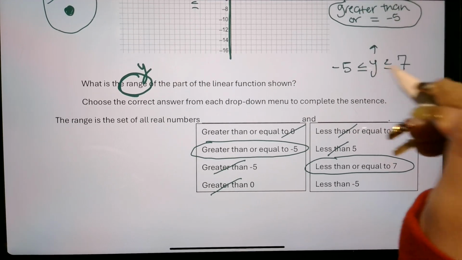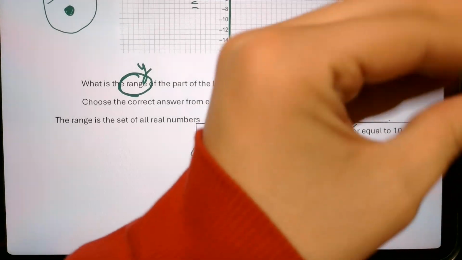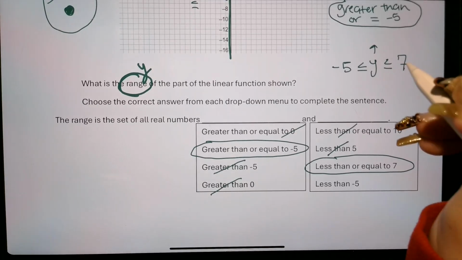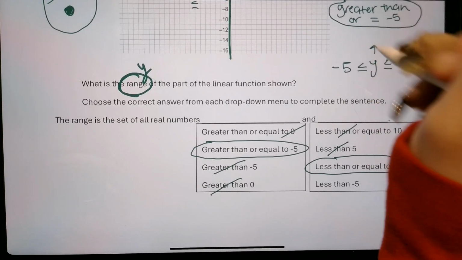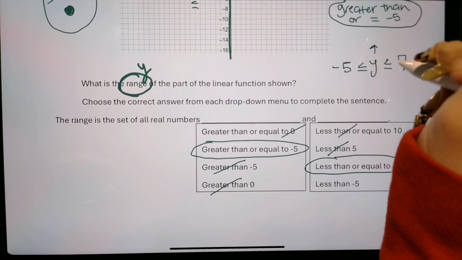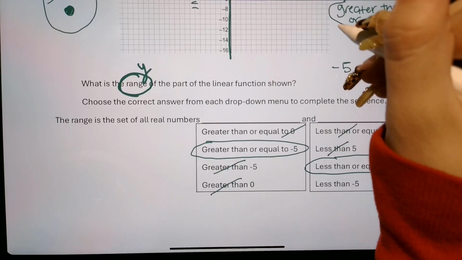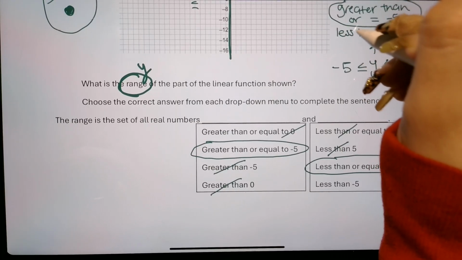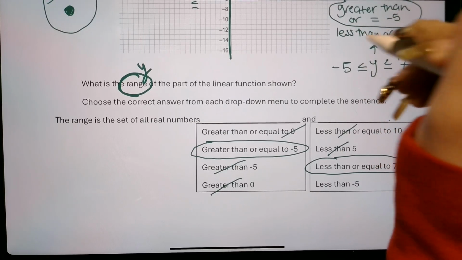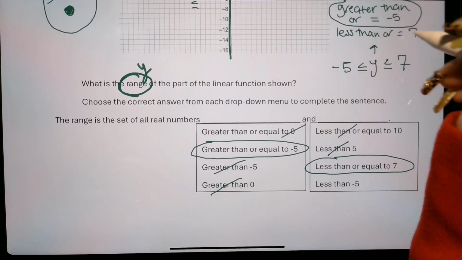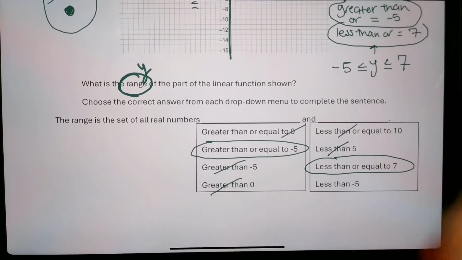When I'm comparing y to 7, it's eating the 7, so the 7 is greater than. So y is less than or equal to 7. And that's another way I could have got my answers if I didn't do process of elimination.